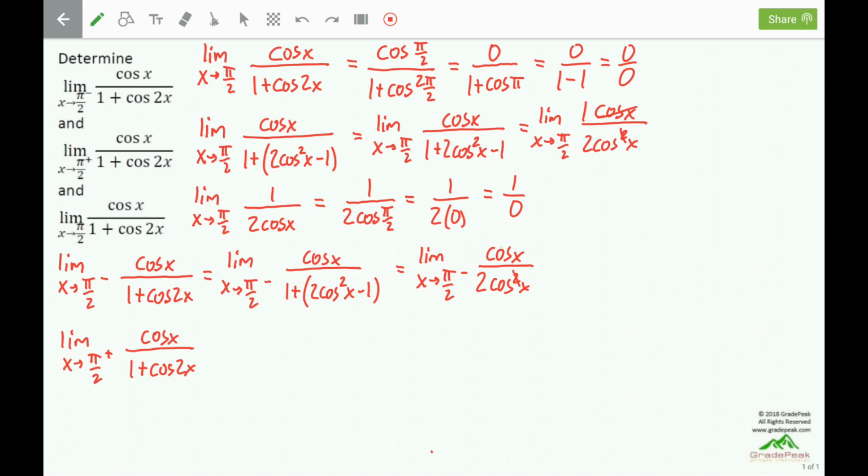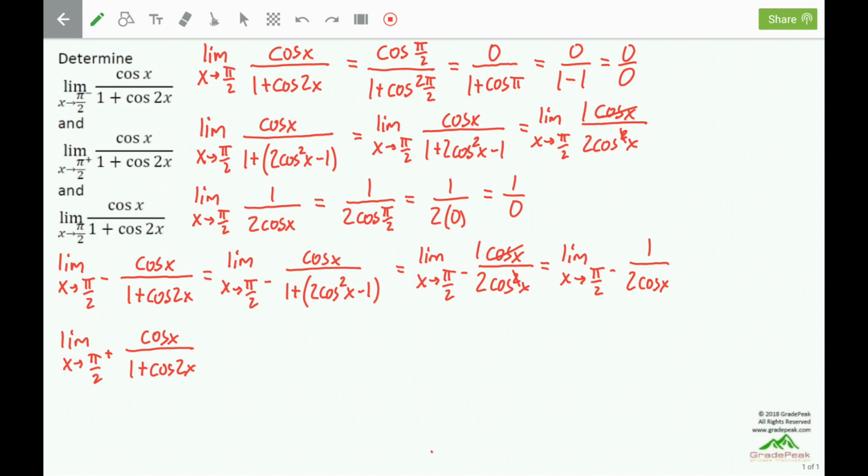One of the cosines in the denominator can cancel with the cosine in the numerator, leaving a 1 in the numerator. And this is now going to be 1 over 2 cosine of x.